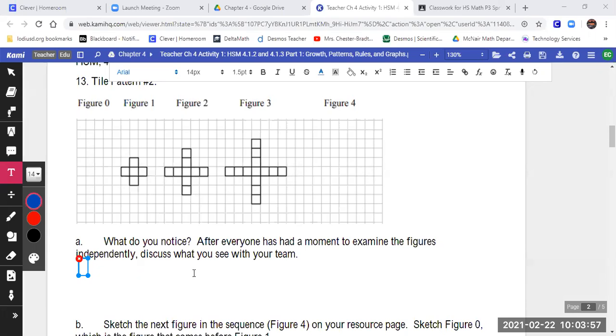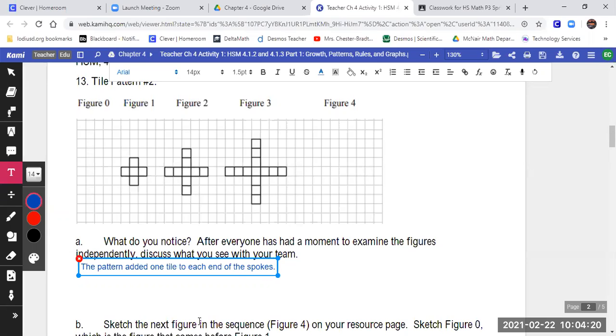So adding 1 to each end of the spokes. Okay. Oops, let's get to where we're supposed to type. The pattern adds 1 tile to each end of the spokes.